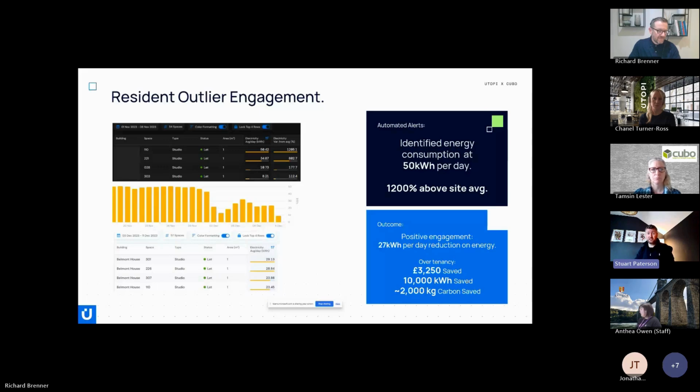So for a student to be consuming 50 kilowatt hours a day is significant, and that was 1200% above site average. So we looked at things like occupancy levels, which were actually really quite low, and things like air quality, and everything looked great other than energy consumption.